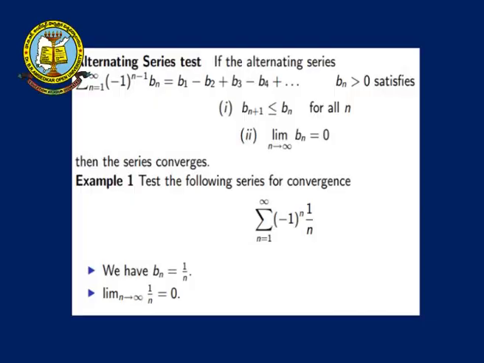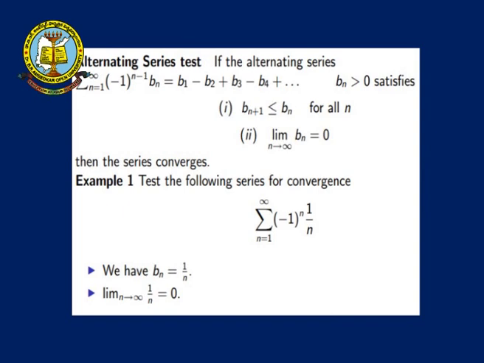Now, example 1. The above test is called the Leibniz test, that is, the alternating series test. If we take the nth term and the limit as n tends to infinity of bn is equal to 0, then the series is convergent. Test for convergence of the series: the sum from n equal to 1 to infinity of (-1)^n into 1 by n.